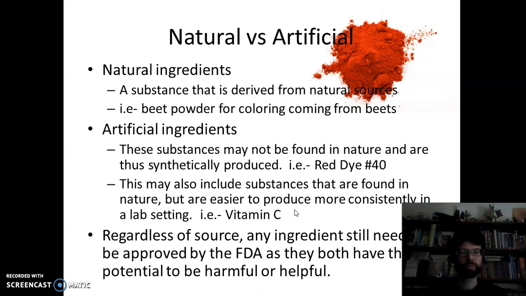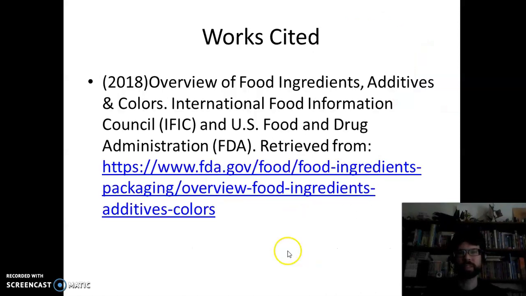Yes, it will come from citrus, but it's much easier to actually grow it from mold. So they use black mold to harvest citric acid. That's another example of what would be considered an artificial ingredient, though technically citric acid is a natural thing. And whatever the case is, ingredients always have to be approved by the FDA.